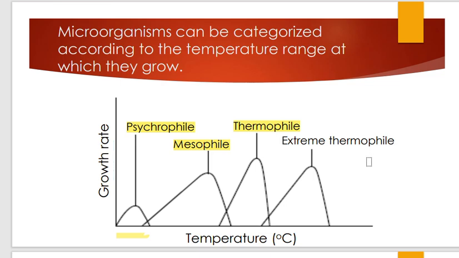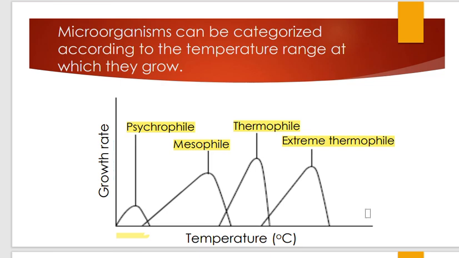These microorganisms are extreme heat loving and they have an optimum growth temperature at greater than 80 degrees Celsius or more. So again, we have the different classifications of your microorganisms based on their required growth temperature.